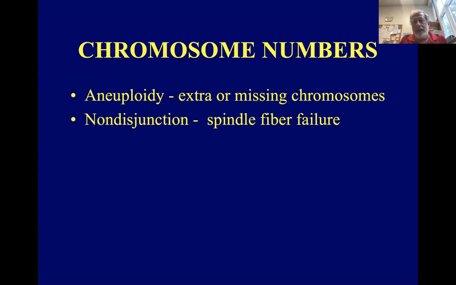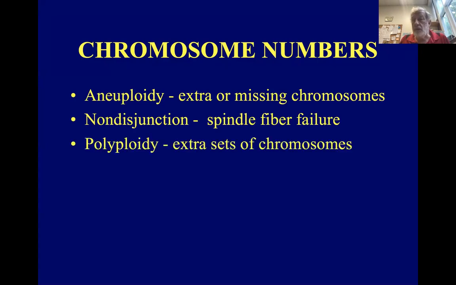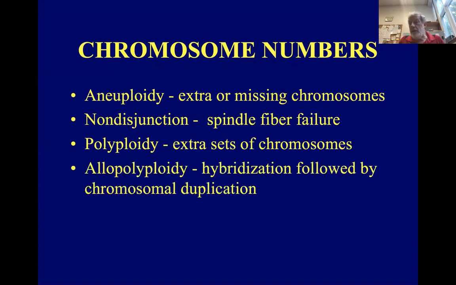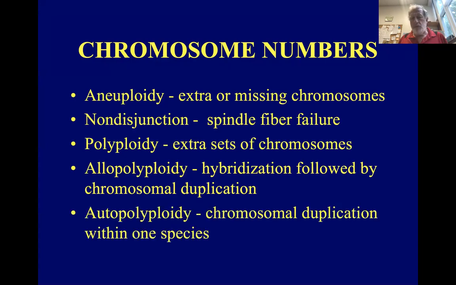And it comes from non-disjunction, which is spindle fiber failure during meiosis, or I guess it can happen in mitosis too. Polyploidy then is extra sets of chromosomes. And it can come about really in 2 ways: allopolyploidy, where we have 2 different species hybridizing, and then chromosomal duplication occurring in the hybrid organism, or autopolyploidy, which is chromosomal duplication within a single species.